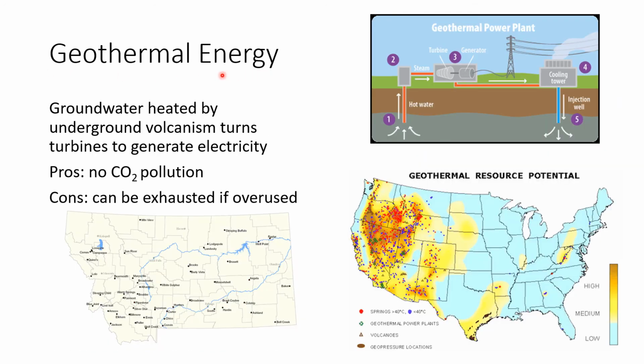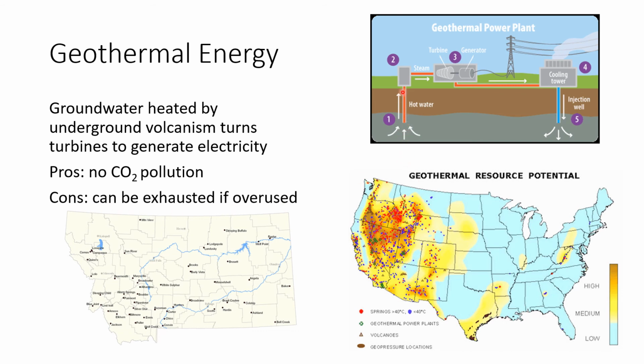Next, we have geothermal energy. This is pretty much when you've got groundwater that gets heated by some type of underground volcanism. You can use that groundwater, you can make it spin turbines using the steam, pretty much like all the other energy production processes. Some pros of this are that there's no carbon dioxide pollution associated with this at all. It's all just water. Some cons are that it can be exhausted if overused.